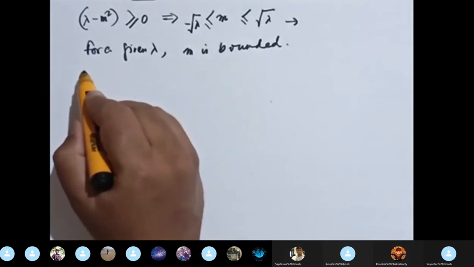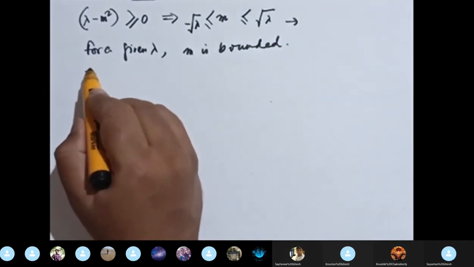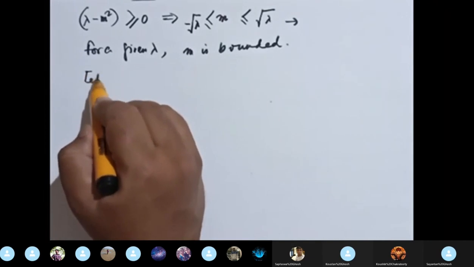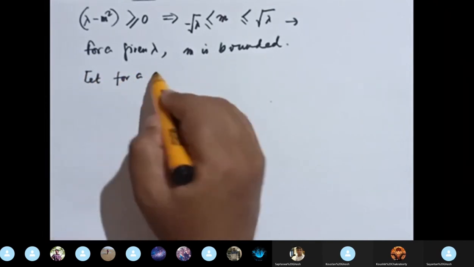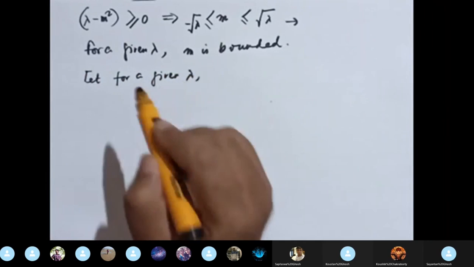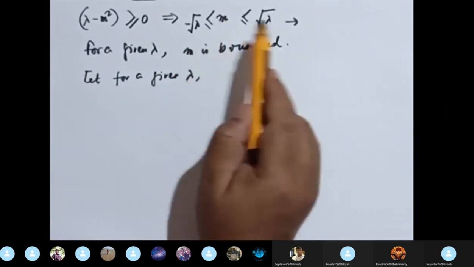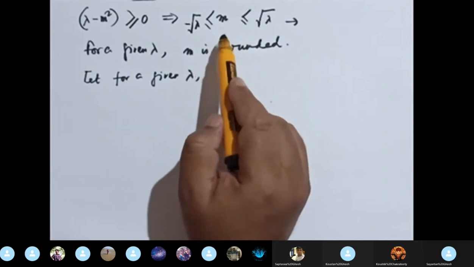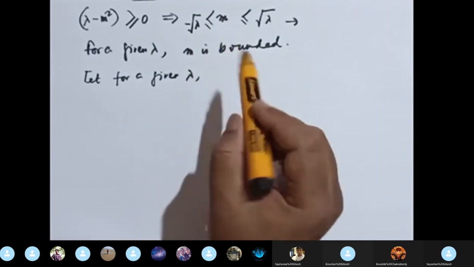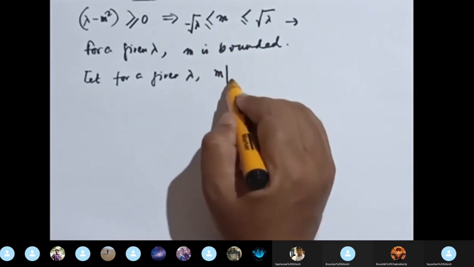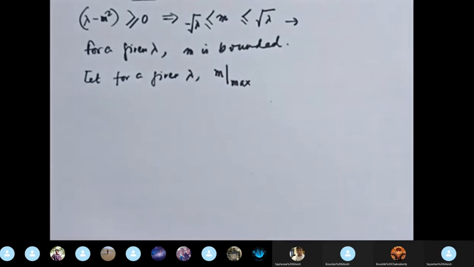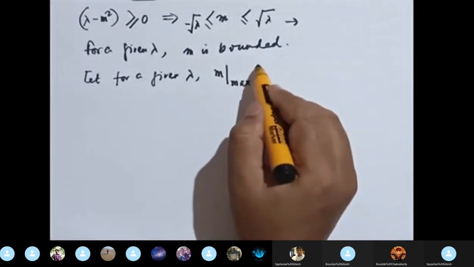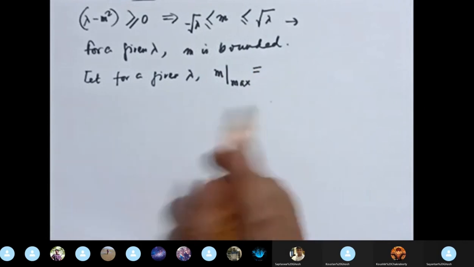Then, for a given lambda, since m lies between these two values and is bounded, let the maximum value of m be something.